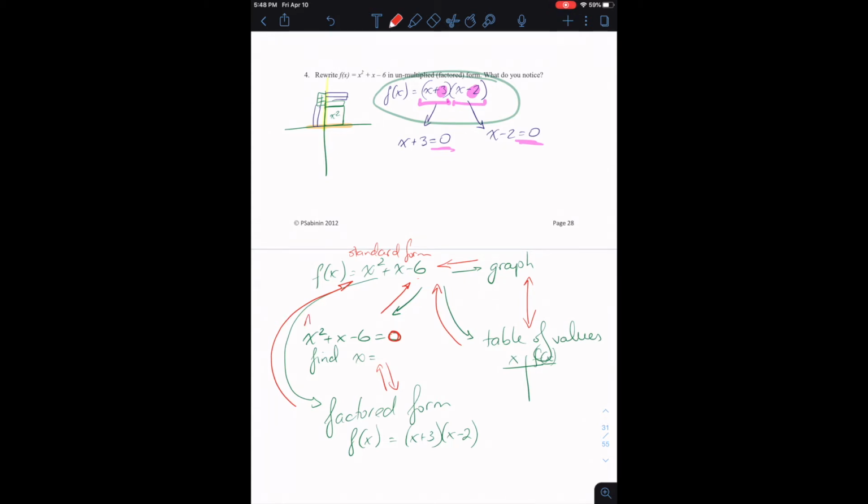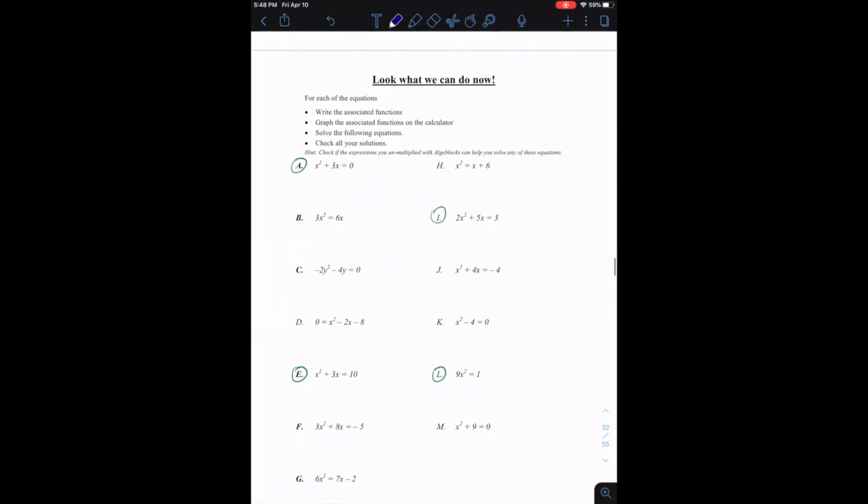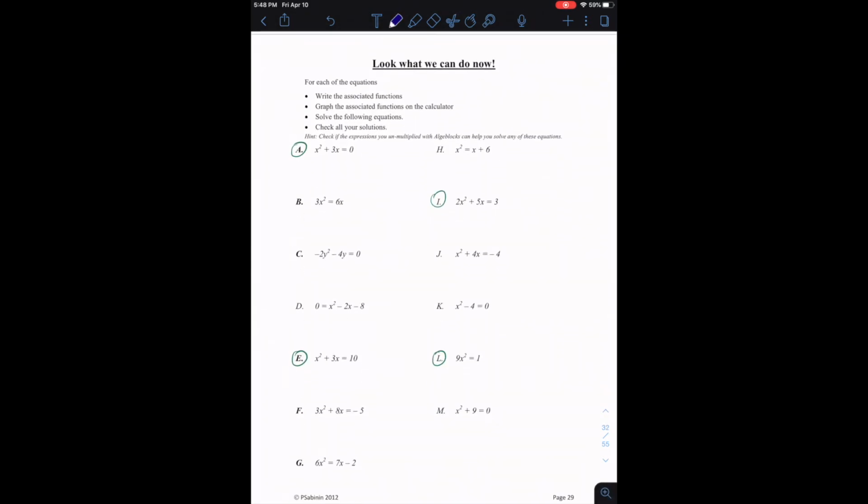Now what we're going to call this equation is the associated equation, where the function equals 0. So let's take a look at some situations where you're given the associated equation and you want to find that associated function, which will help us find the values of x that the equation is looking for.